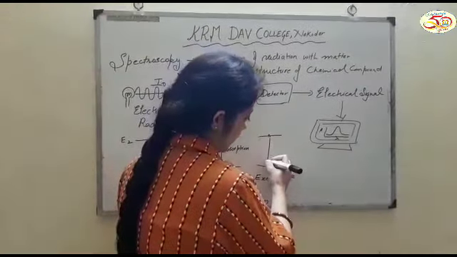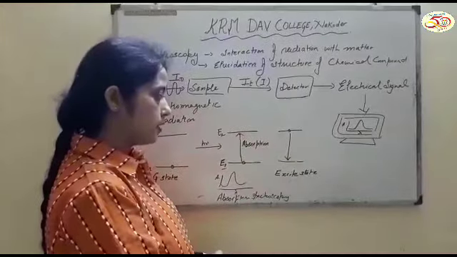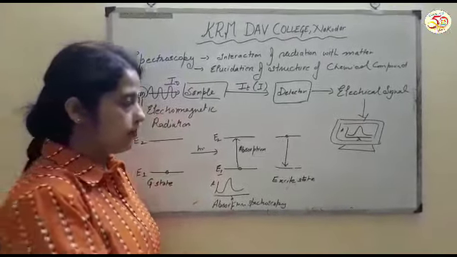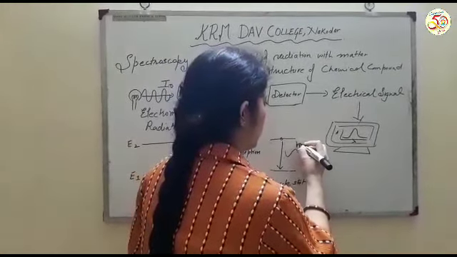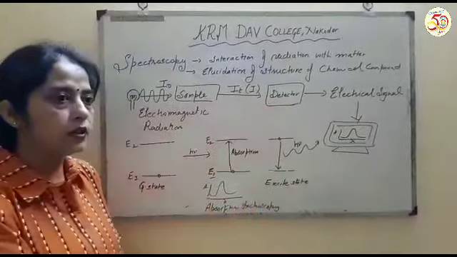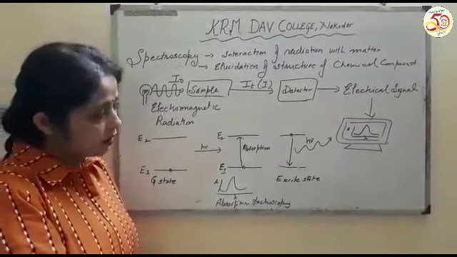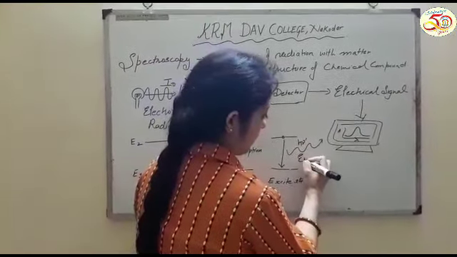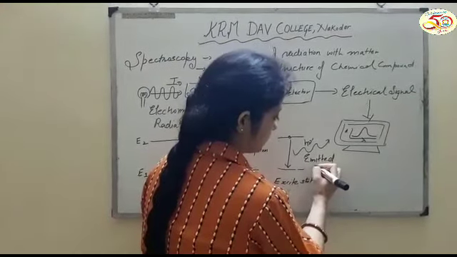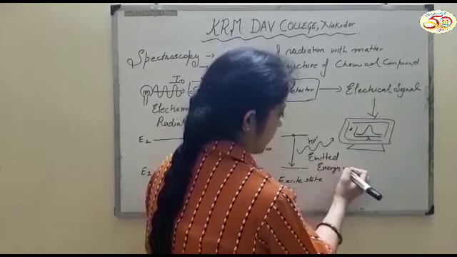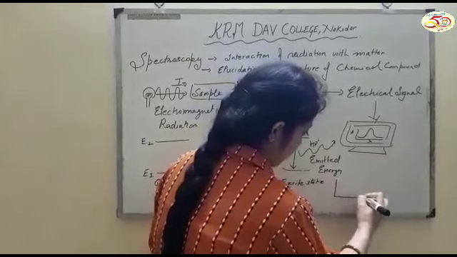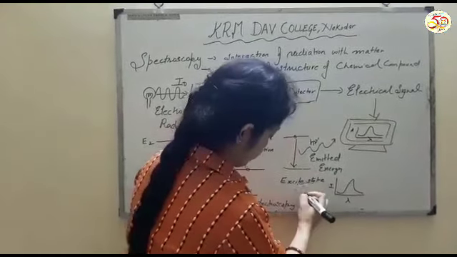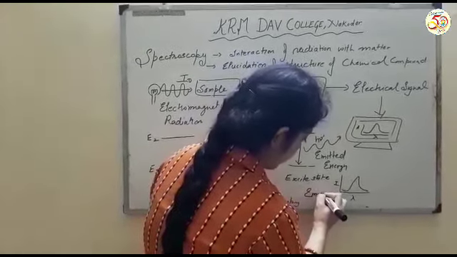When the electron comes to the lower energy state, it loses energy in going from E2 to E1. That is emitted in the form of light, and if we record this emitted energy in the instrument and have a graph, that is called emission spectroscopy.